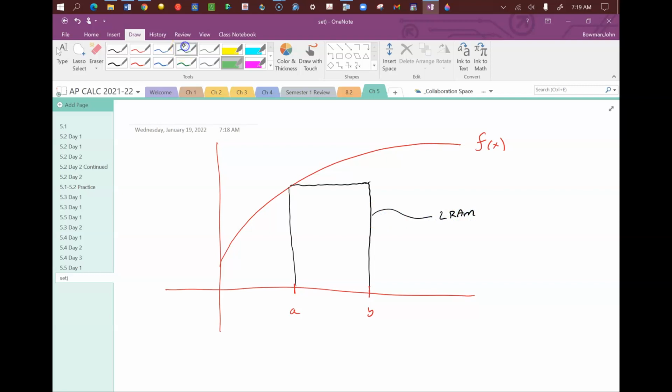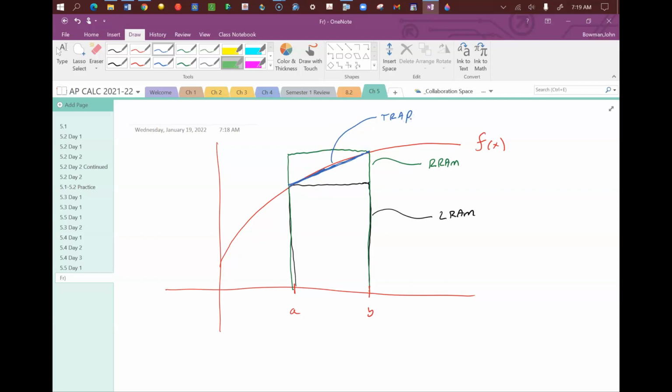And then we're going to draw in the right-hand rectangular approximation method, which we are going to show here in green. So we'll call that RRAM. And then in blue, we will draw in the trapezoid method, which is basically just connecting those right there. So this is the trapezoid method.